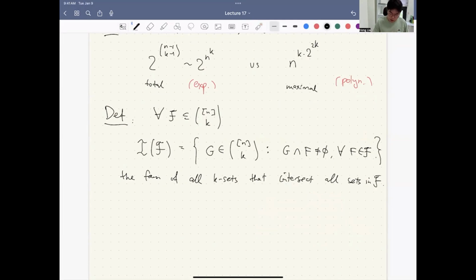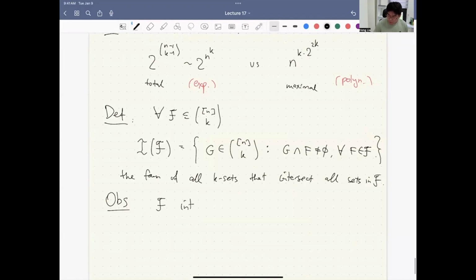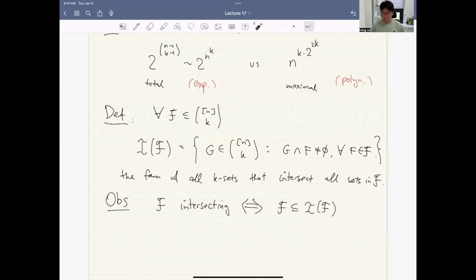Observation. Let's make some observation based on this definition. If F is an intersecting family, then F is an intersecting family if and only if F is a subfamily of I(F). Let me quickly explain.